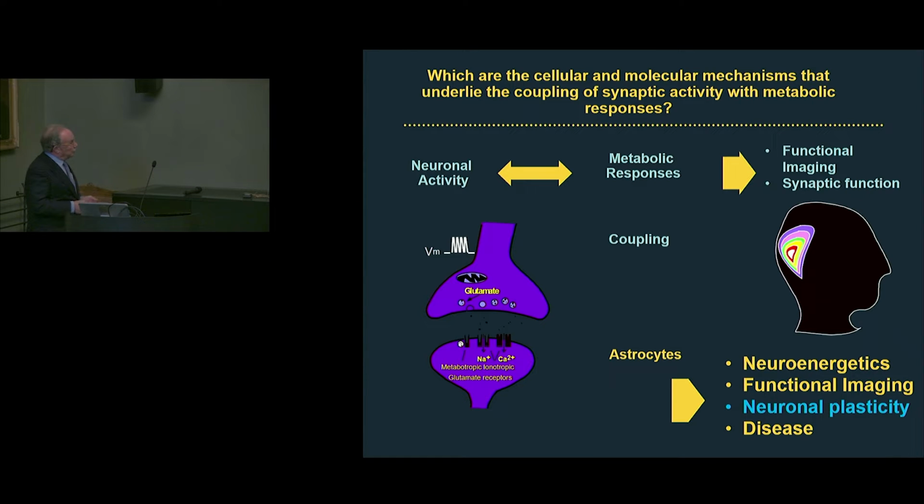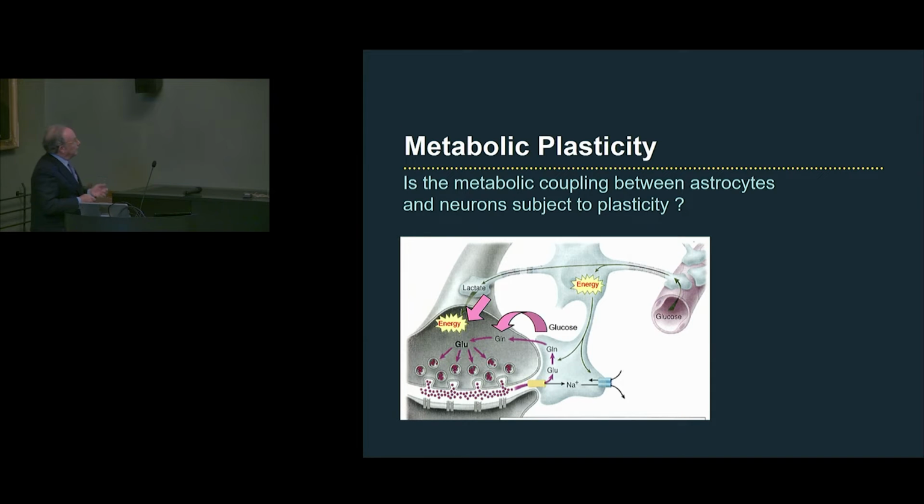So now let me move to the more recent work on neuronal plasticity first and then on disease. So a few years ago, we asked the question. Actually, it was just before I came here 10 years ago to give a lecture at the Academy here. We said, well, now that we have described this, let's call it cycle, the shuttle, this coupling, what happens during learning, during neuronal synaptic plasticity?